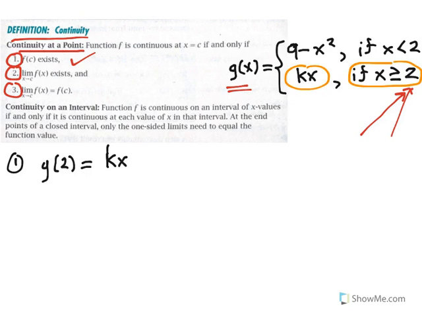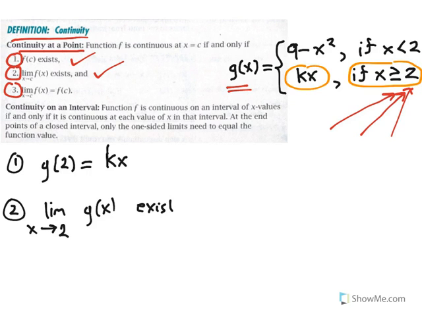So now we look at the second condition from the definition of continuity. We have to make sure that our function has a limit as x approaches c, as x approaches 2. So we have to make sure that the limit of g of x as x approaches the transition point 2 exists.